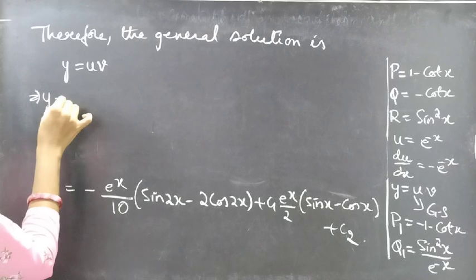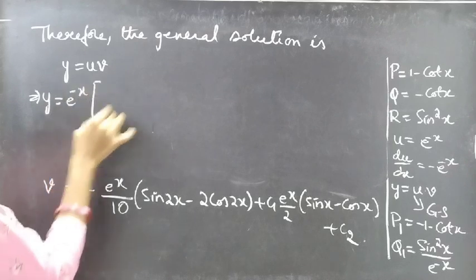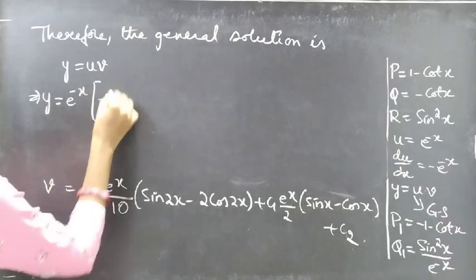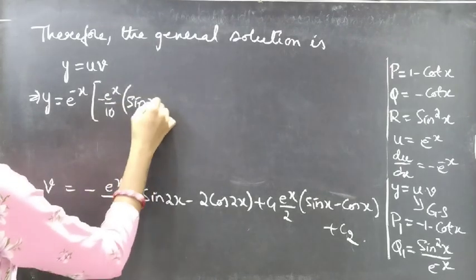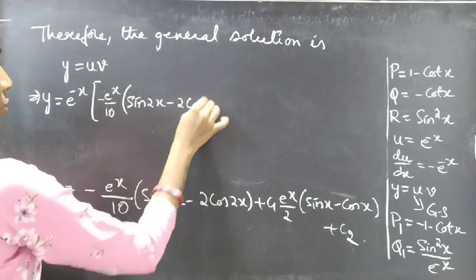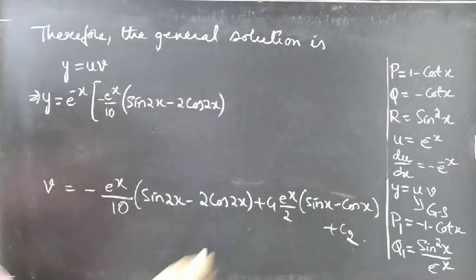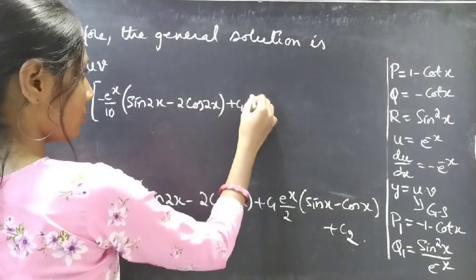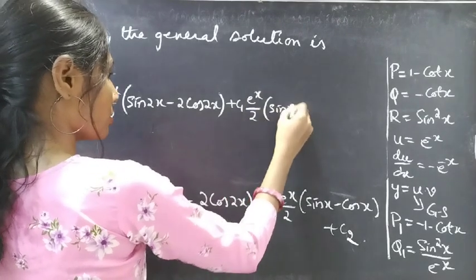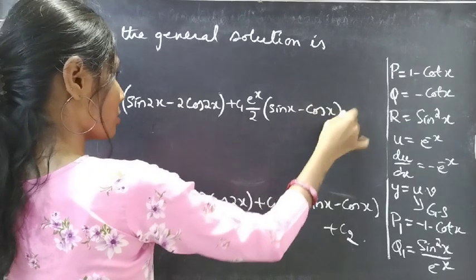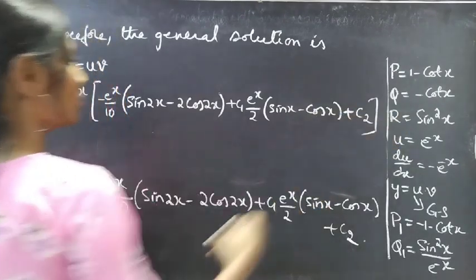Then y equals u, e^(-x), into v: minus e^x by 10 into (sin 2x minus 2 cos 2x) plus c1 into e^x by 2 into (sin x minus cos x) plus c2.